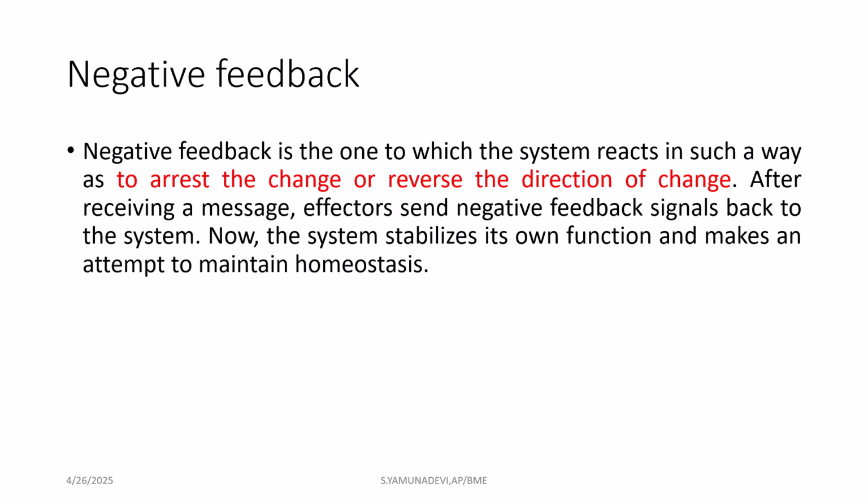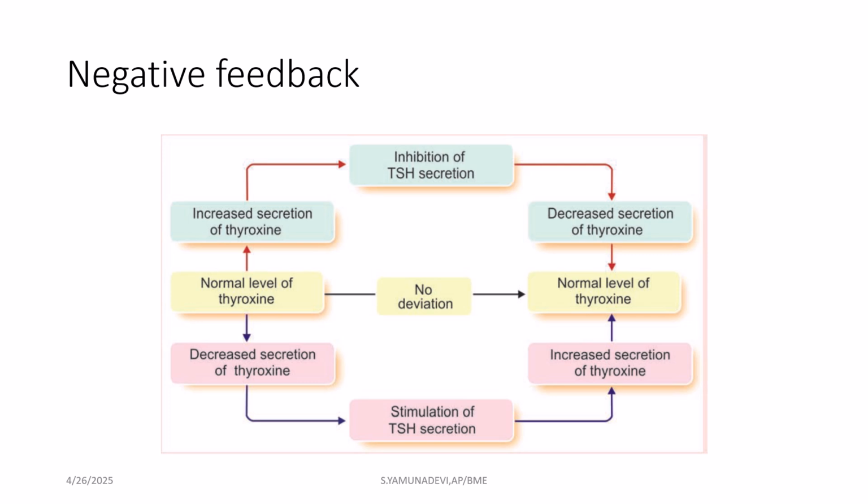Negative feedback is one in which the system reacts in such a way as to arrest the change, that is, to reverse the direction of the change. After reversing, the effector sends negative feedback signals back to the system. Now the system will stabilize its own function and make an attempt to maintain homeostasis. Here we can see an example, the regulation of TSH, thyroid stimulating hormone.